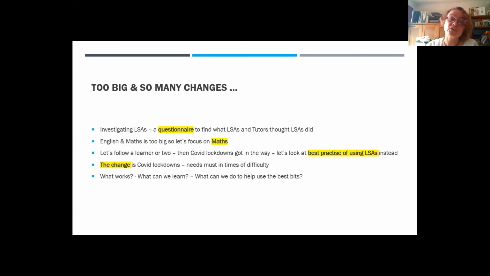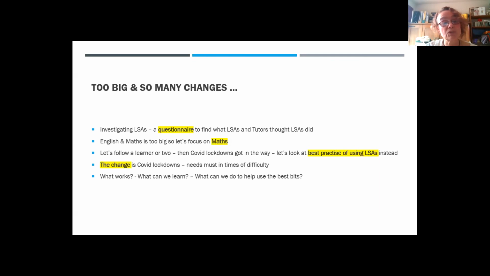You have to find other ways of doing things. So I then realised that actually when I was talking to the tutors that I manage that were teaching maths, they were being inspirational and coming up with different ways of how they were using their LSAs. So we followed 2 case studies in that way.